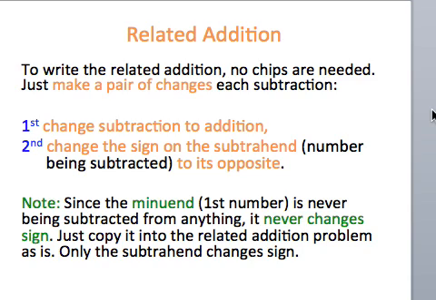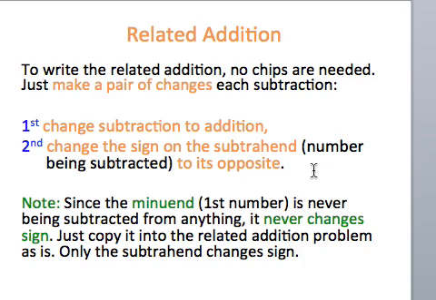With related addition, you don't draw any chips at all. You make a pair of changes for each subtraction problem. The first change is you change the subtraction to addition. The second change is you change the subtrahend, the number that's being subtracted, to its opposite.